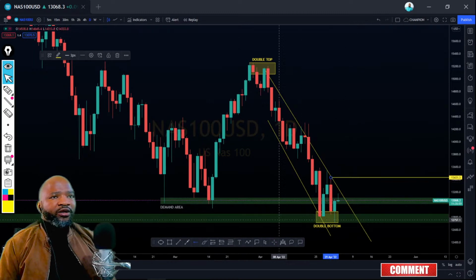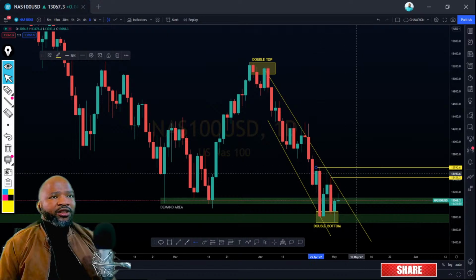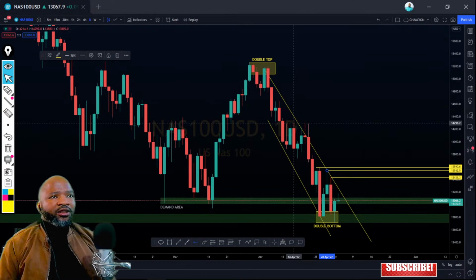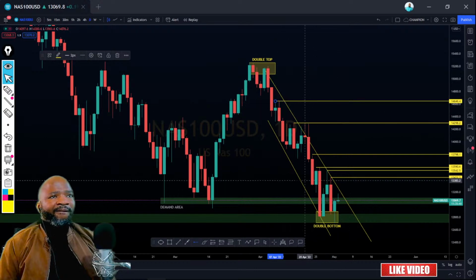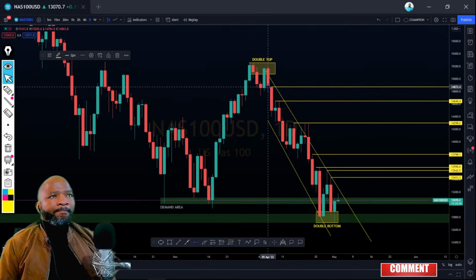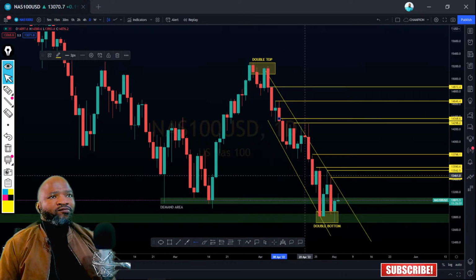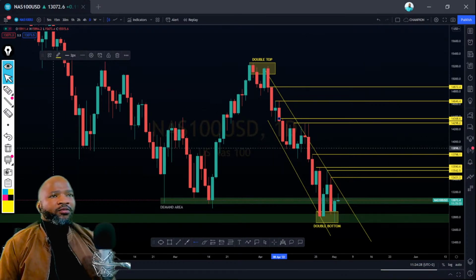We still have the resistance right at the top there, around these areas. The price presented the resistance, and yeah, I hope that's it.